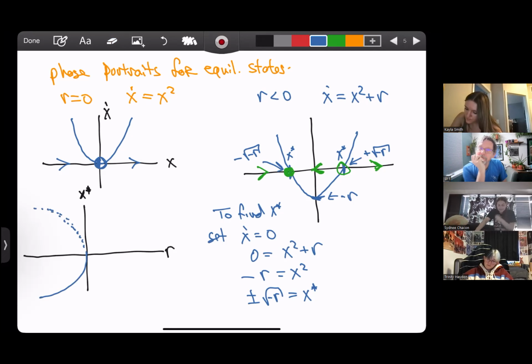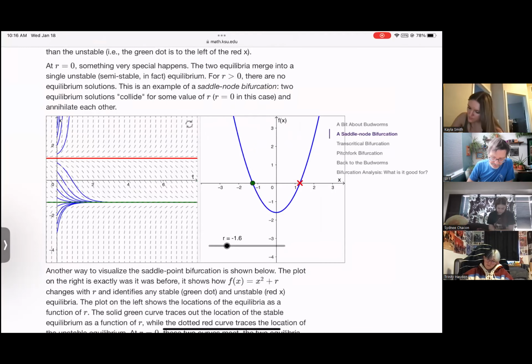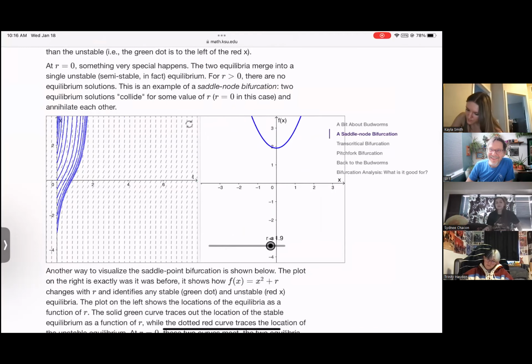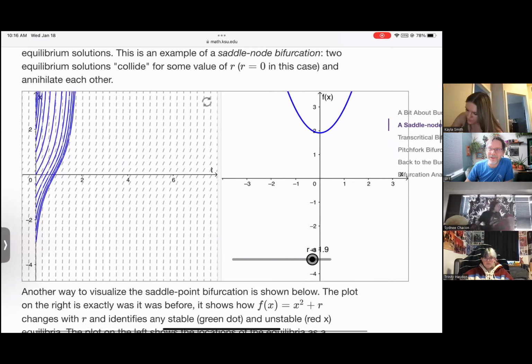No? Cool. So here it is in a much more glorious form. This app, I actually put a link for in the content area. But this is so cool.